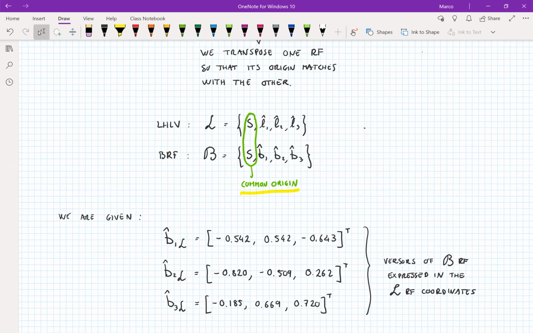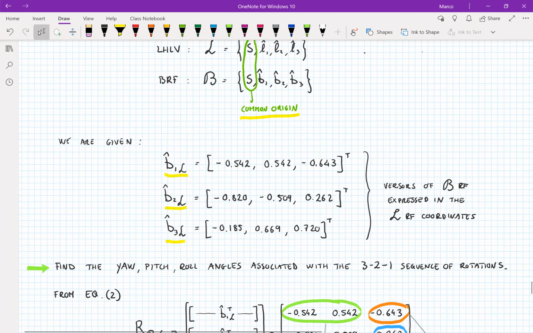All right, so in this very example, we're given the three versors of the body reference frame, but expressed in the LH-LV reference frame. So we have B1, B2, and B3 in the L coordinates.